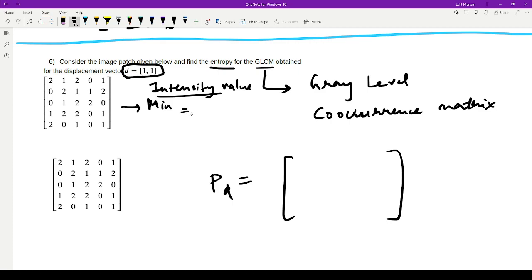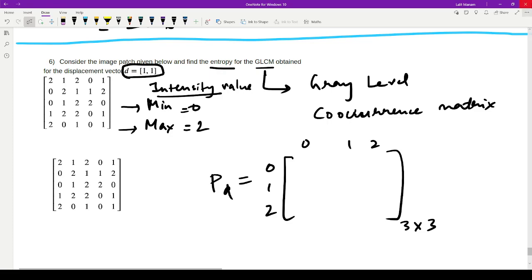So what is the size of this co-occurrence matrix? 3 cross 3. Yeah, so it will contain an entry for each combination of these intensity values. So it should be the size of 3 cross 3. I hope the size is clear. And now, given that we have this size, we can start working on how to compute this matrix.